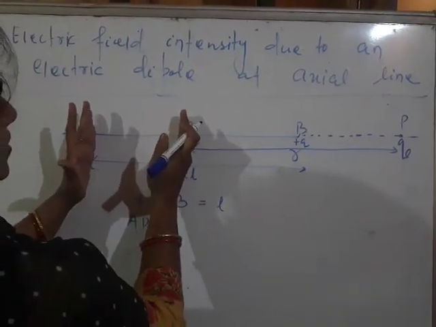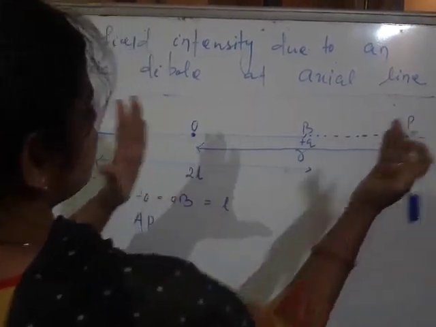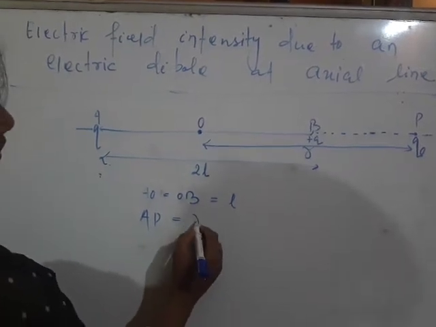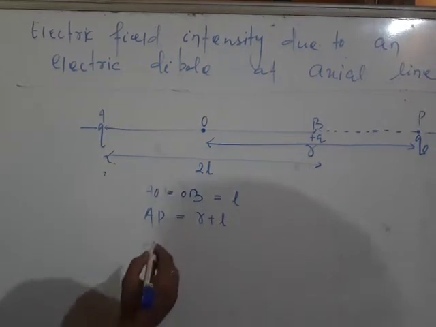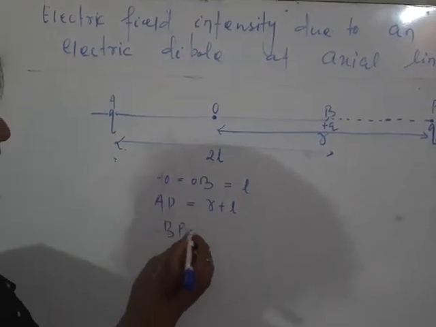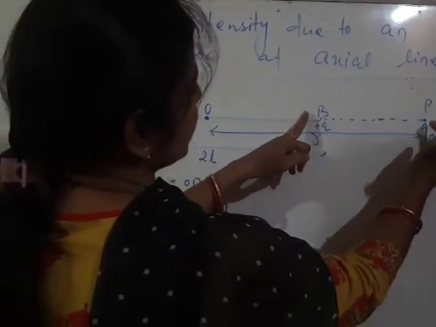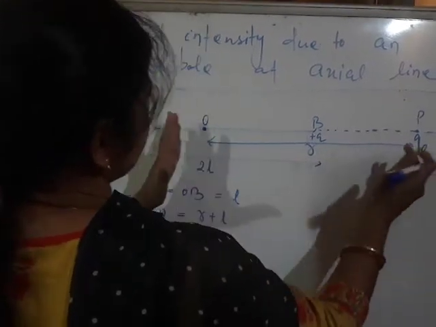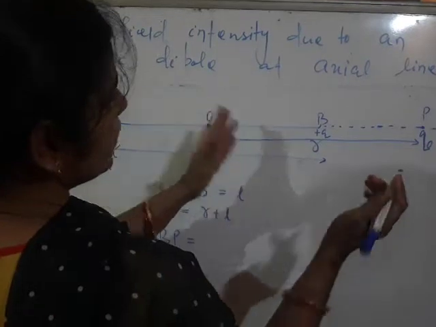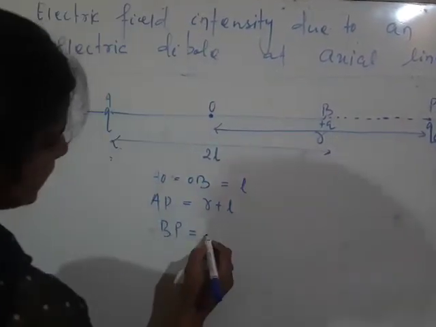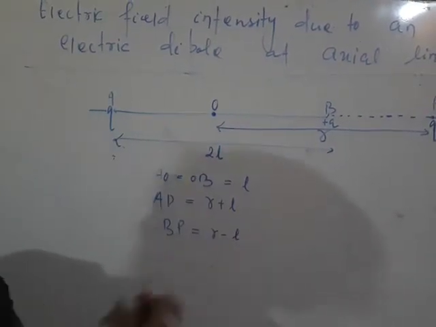This much distance is l and this much distance is r, so AP equal to r plus l. Similarly, we can find BP, B to P. Since this much distance is r and this much distance is l, BP equal to r minus l.